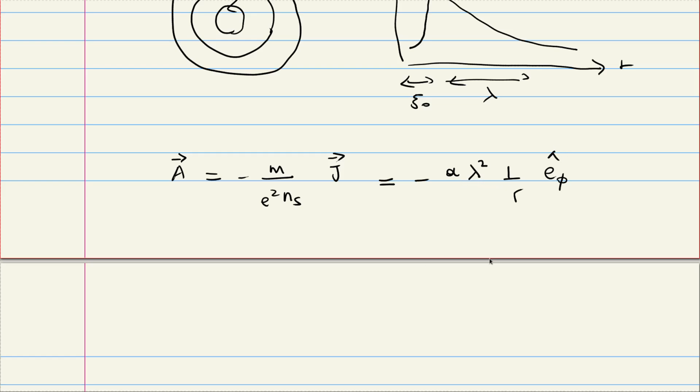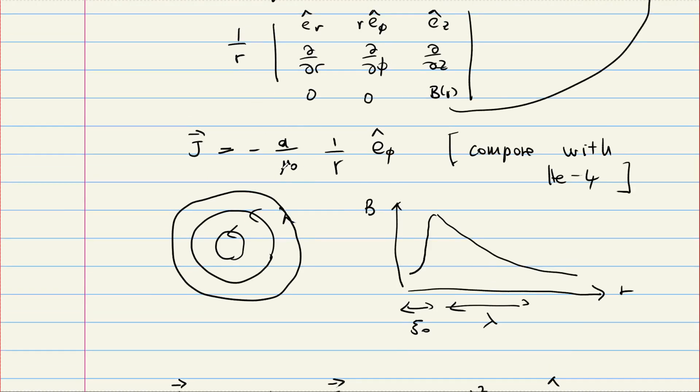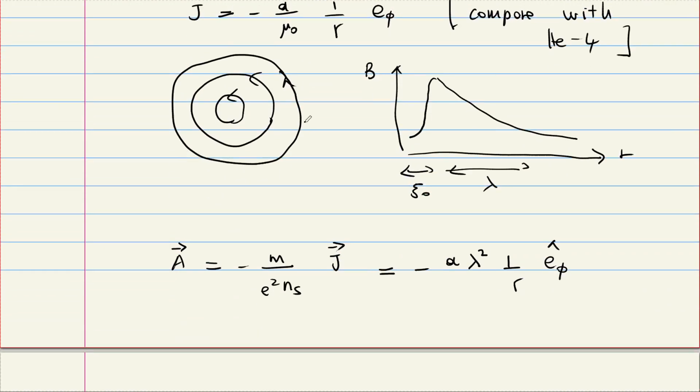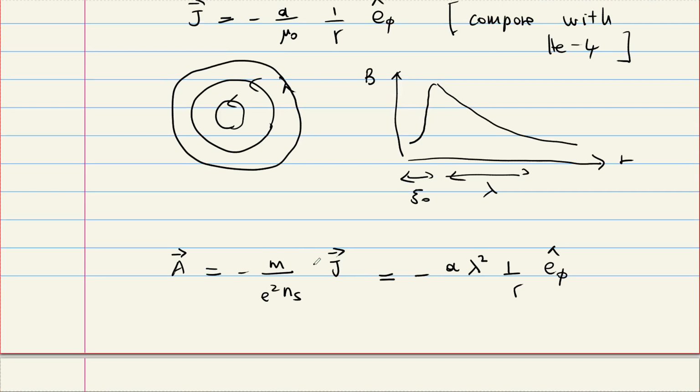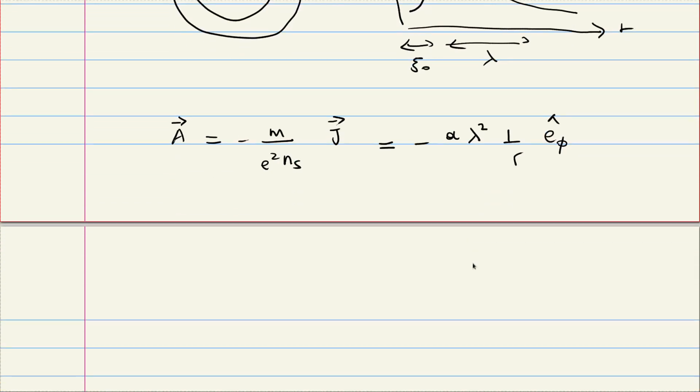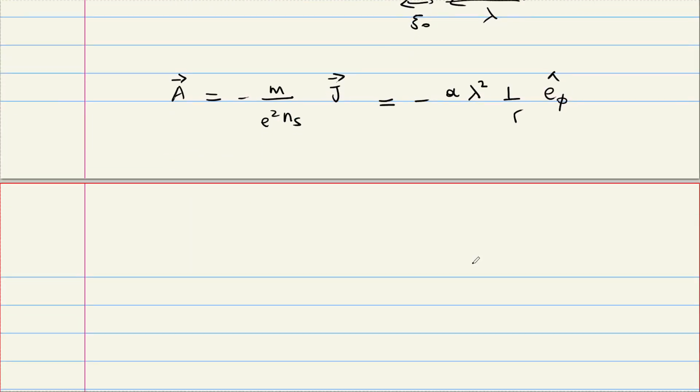So I just rewrote this thing and wrote the definition of lambda squared here. Now what I want to do is take the integral and calculate the flux.